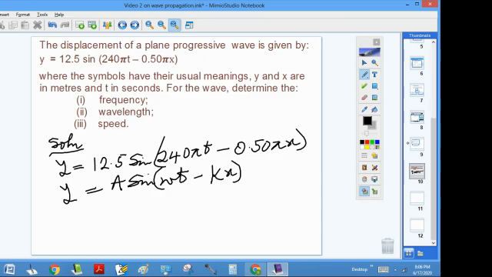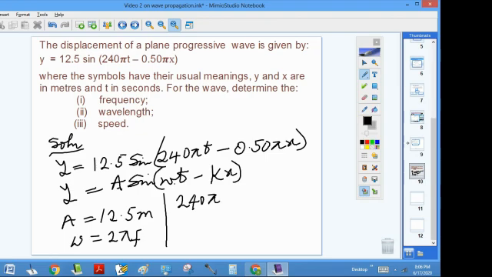Had we been asked to find the amplitude, you can see from this that amplitude A is the same as 12.5 by comparison, 12.5 meters. Again, we are asked to find the frequency. We know that angular frequency is equal to 2 pi f. So by comparing this and this, we have that 240 pi is equal to angular frequency.